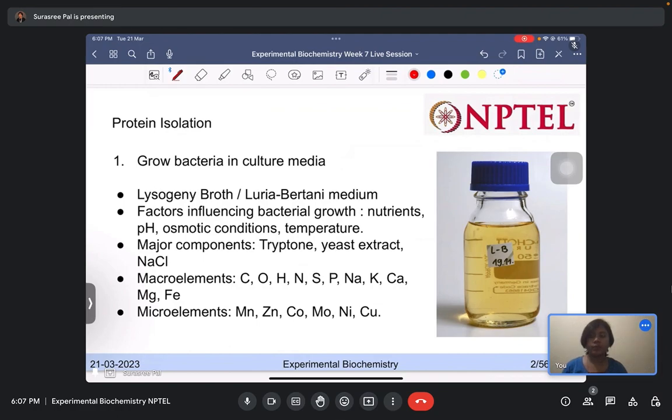Then if the protein undergoes post-translational modifications, as we know, post-translational modifications do not occur in bacterial systems or in prokaryotes. So if the protein is not stable without the post-translational modification, then we will not be able to express it in a soluble form in the bacterial cell.